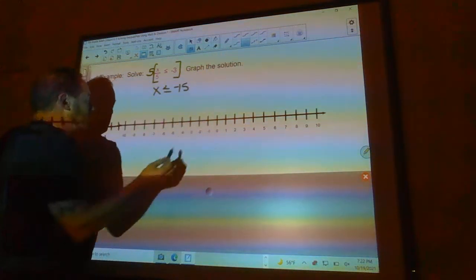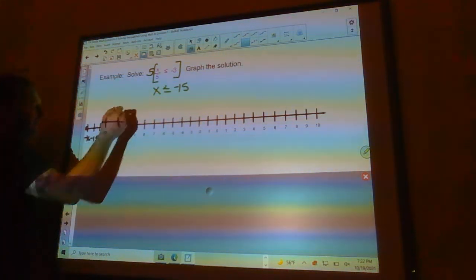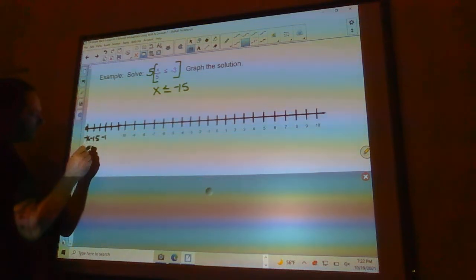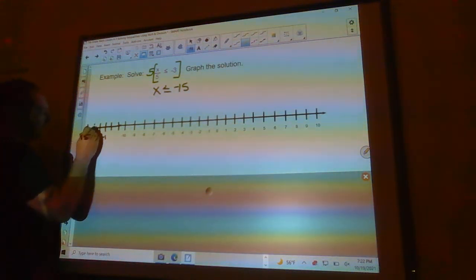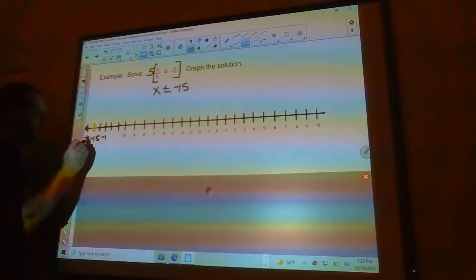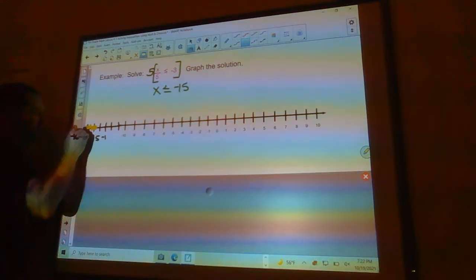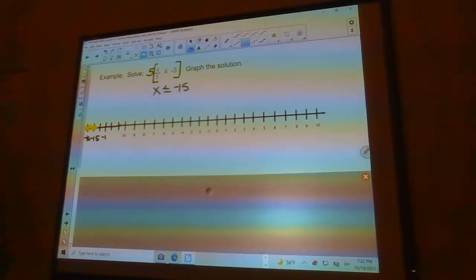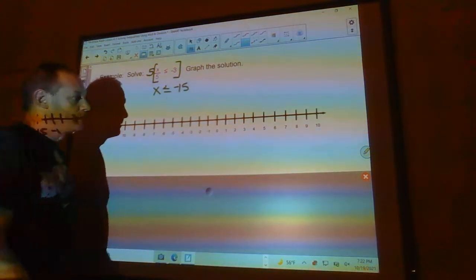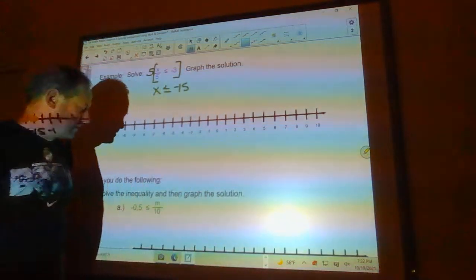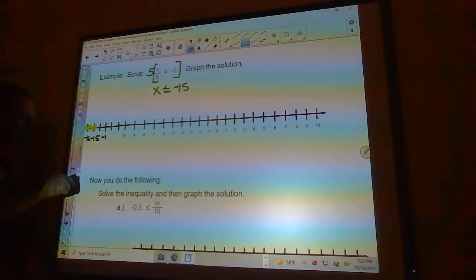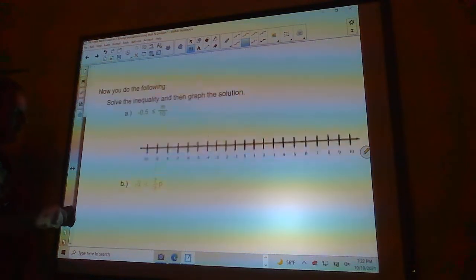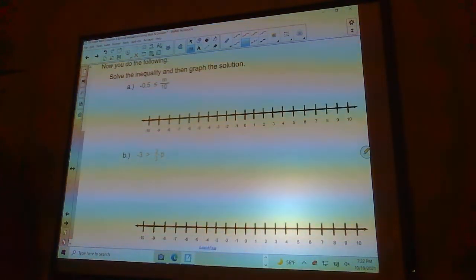And so then it's less than or equal to, so I'm going to put a closed dot on negative 15. I want less than, so I'm only shading this side over here. So, I wasn't thinking ahead when I put that graph on there. Okay.